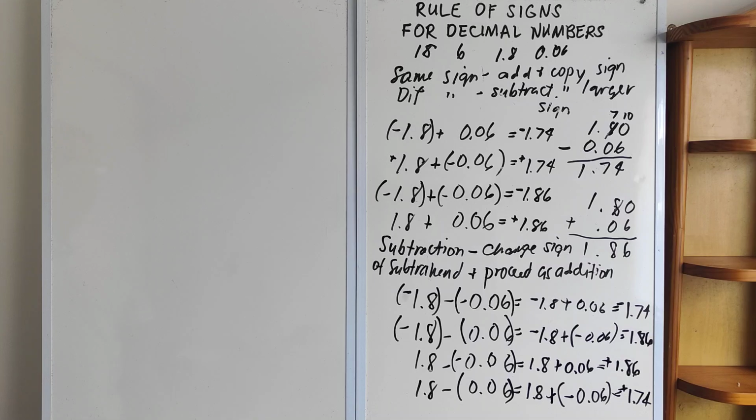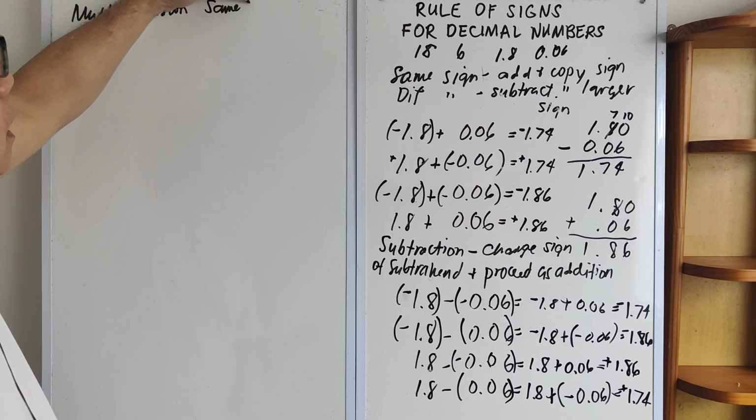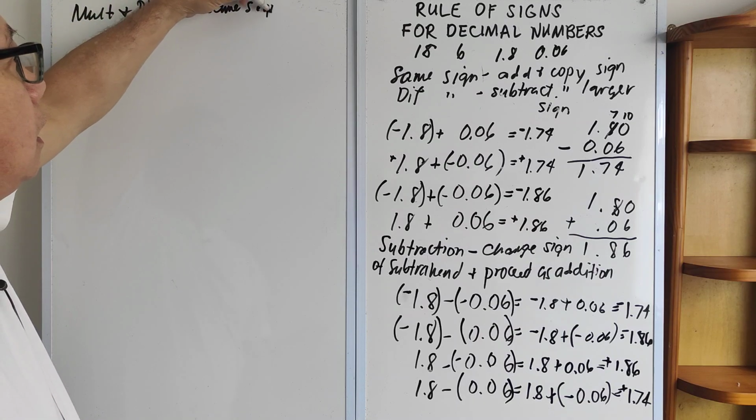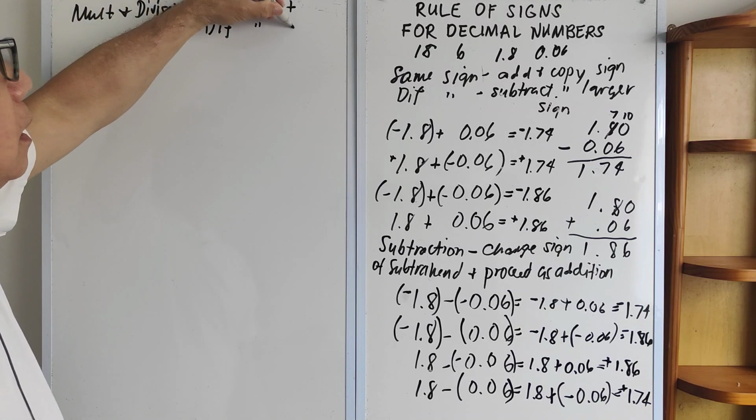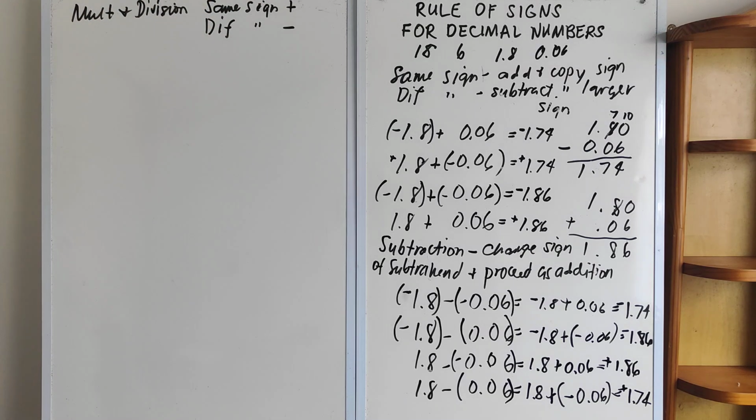For the multiplication and division, it is way easier. Same sign, positive. Different sign, negative. So the answers would usually be the same.